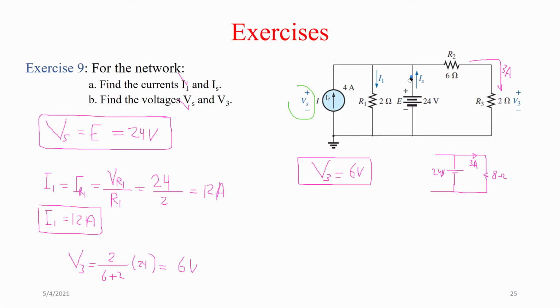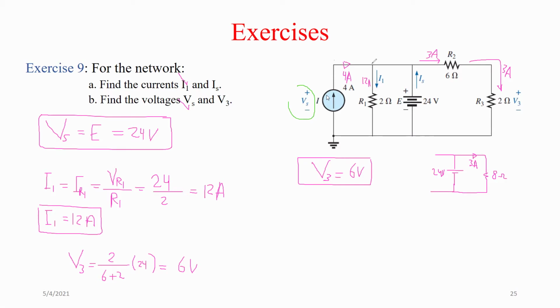Last thing is IS. There's a current here coming, 4. How do I know? Because the current source tells me that there is current in this branch, 4. There's current going down here, 12, which is this one. It's the voltage divided by the resistance. Now, there is the current going here, 3 ampere, and this is 12 ampere.